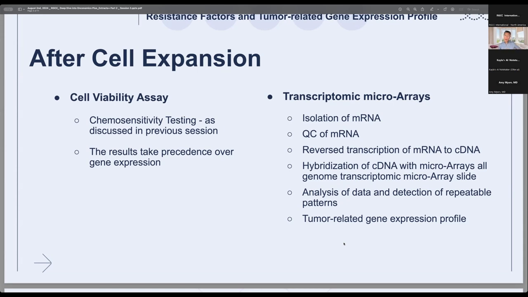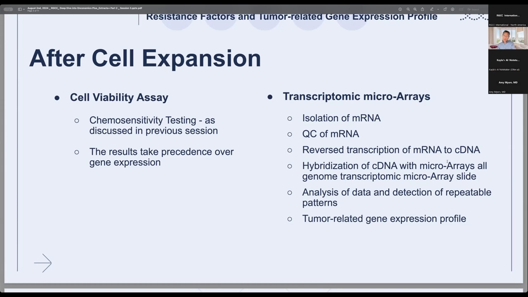we need to know the gene profile, and for the gene expression profile you have to destroy the CTCs, because these are all tested on the CTCs. So you destroy the CTCs and isolate the mRNA, performing a QC to make sure that the mRNA is good quality. And then they do a reverse transcription to get complementary DNA from mRNA, and they do a hybridization of the complementary DNA in order to determine the gene expression using these microarrays.